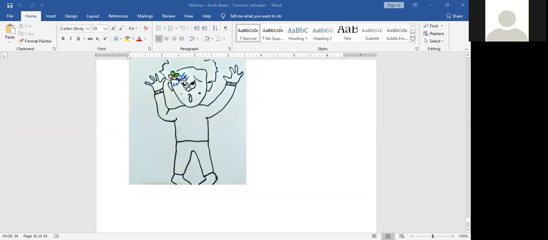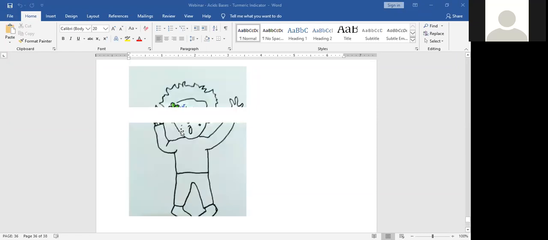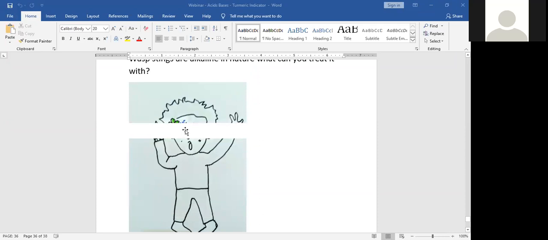That should not happen. Instead, we should neutralize it. There are minus charges here, so you need to add plus charges, that's the H plus. The only acid option that you have here is vinegar. If you apply vinegar, it will neutralize. So that's the answer.